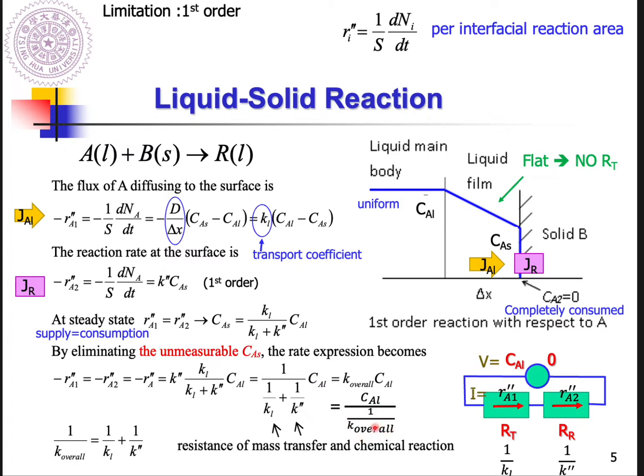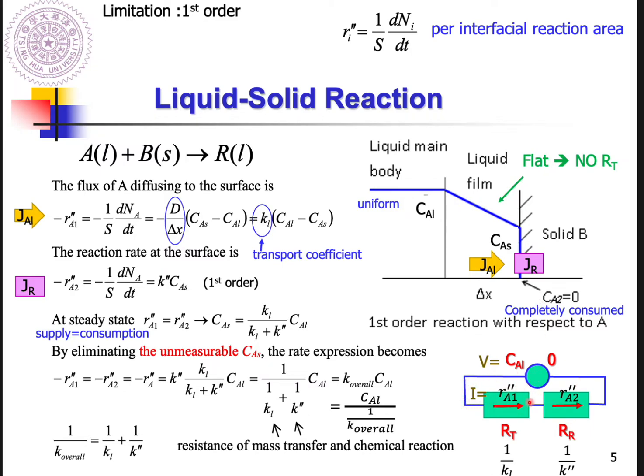So as I showed you, if we use this electrical circuit as our model, then you will find that the driving force will be the concentration difference at the two ends, CAL minus 0. And passing this path includes the mass transport part and also the reaction part.